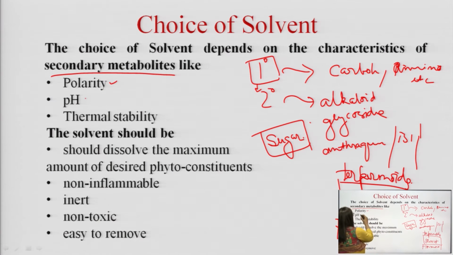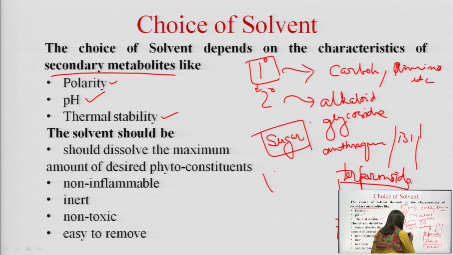Next is the pH. The pH of this particular secondary metabolite is also under consideration, as the negative concentration of the hydrogen ion interacting with the solvent is very important for the solvation of the secondary metabolites. Then comes the thermal stability.